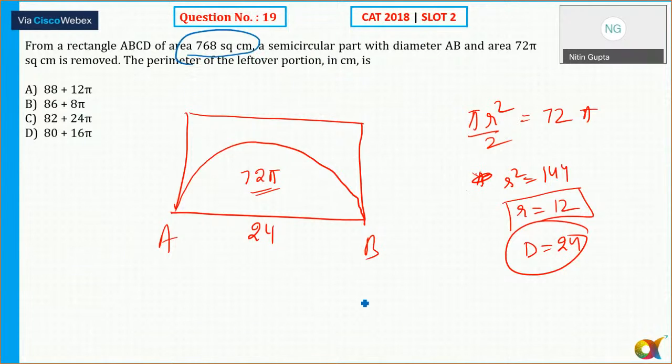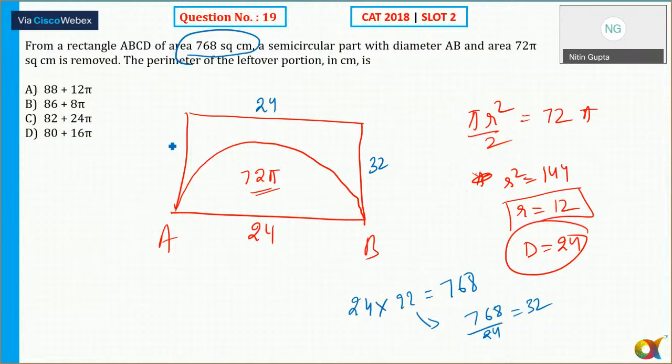So 24 times the other side is 768, and the other side is 768 by 24, which comes out to be 32. So the other side is 32; this is 24, and this is 32.